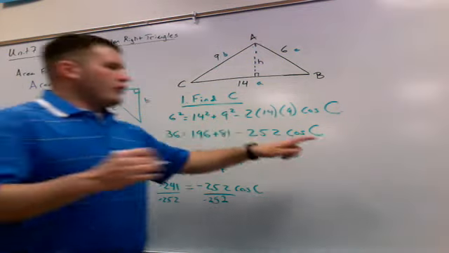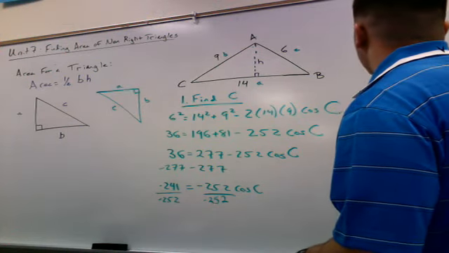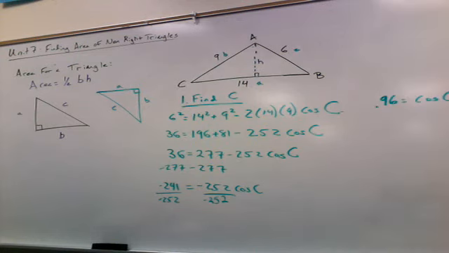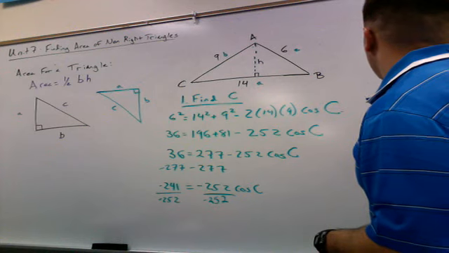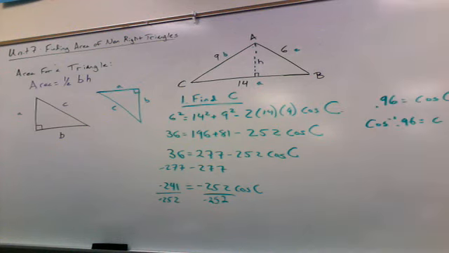When I divide negative 241 by negative 252, we get what? 0.96? Okay, so now to get rid of the cosine, we do inverse cosine. So inverse cosine of 0.96.